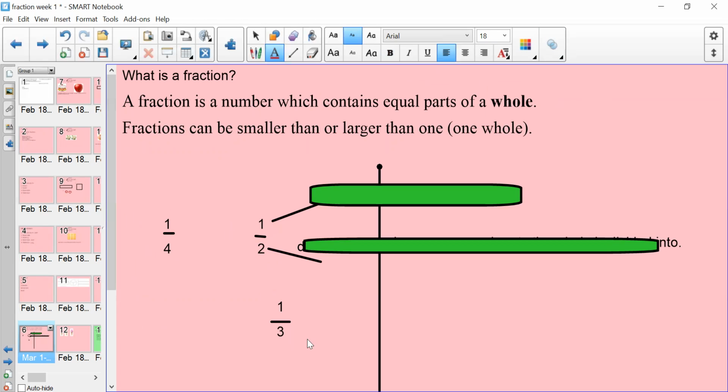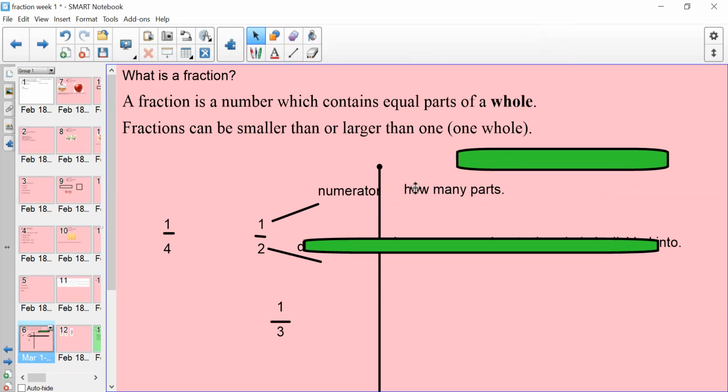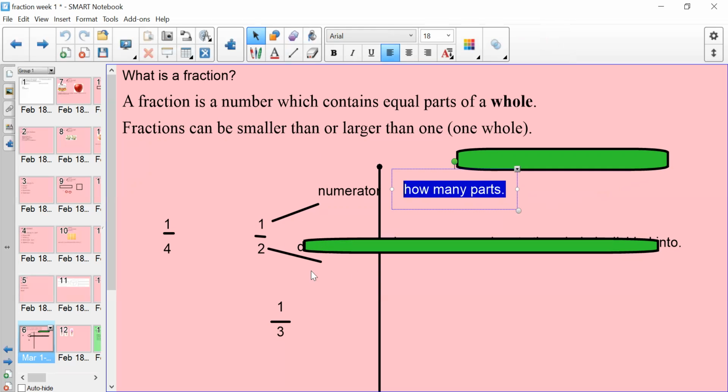And when we have fractions like this, we give the top number and the bottom number special names, which was part of our vocabulary today. So the top number, does anybody remember what the top number is called? Okay, that is called the numerator. And this is how many parts there are of the whole.